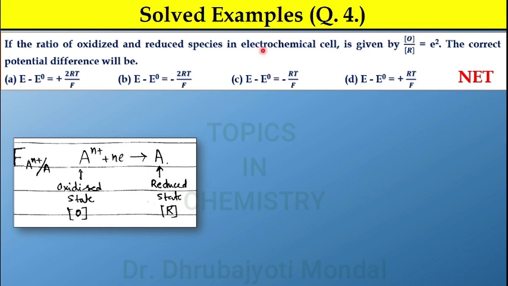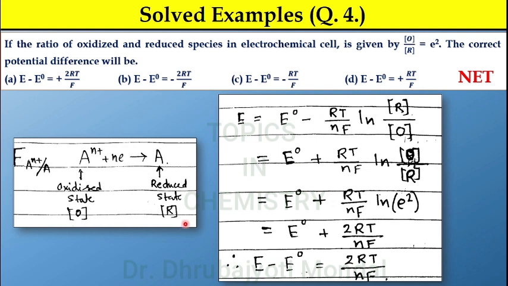Now consider this is the E for A n+ and A. So this is the reduction potential for a particular reaction. If you consider A n+, then A n+ plus n electrons will give you A. That means this is the oxidized species, written as O, and this is the reduced species, so you can write R. So what is the Nernst equation for that reaction?